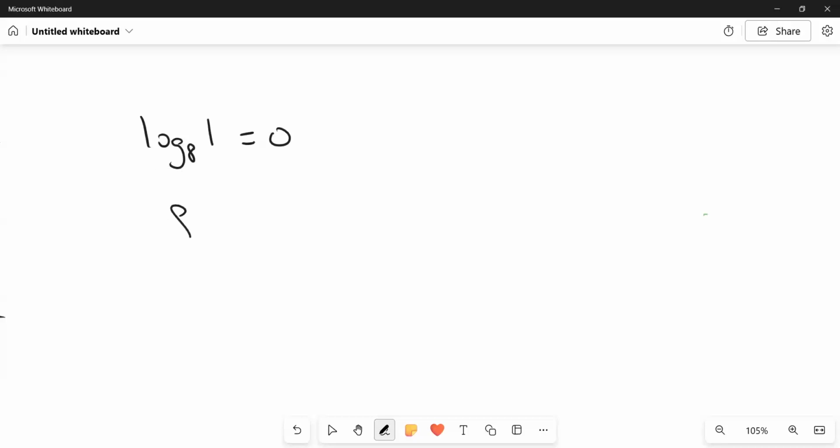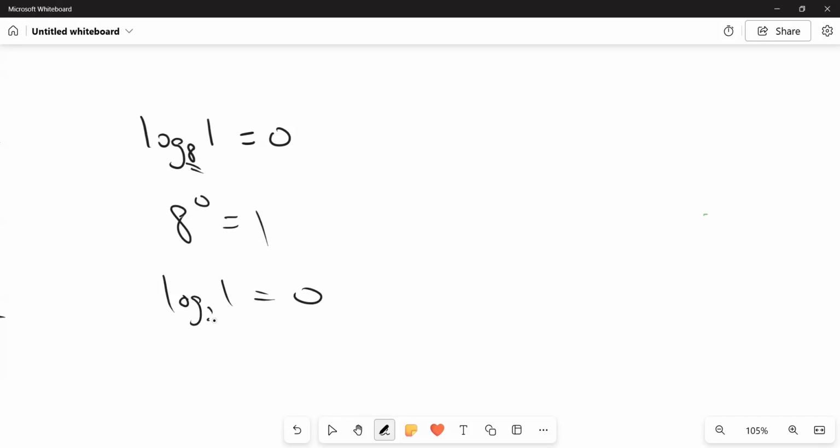In other words, I'm saying 8 to the 0 equal 1. As a matter of fact, the base isn't even important there. The base can be any non-zero number. When something is true for any base, sometimes they just put the logarithm of 1 equals 0.